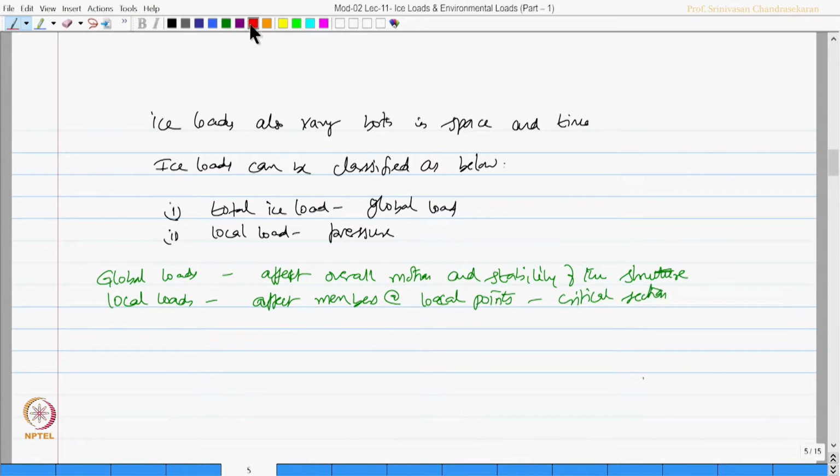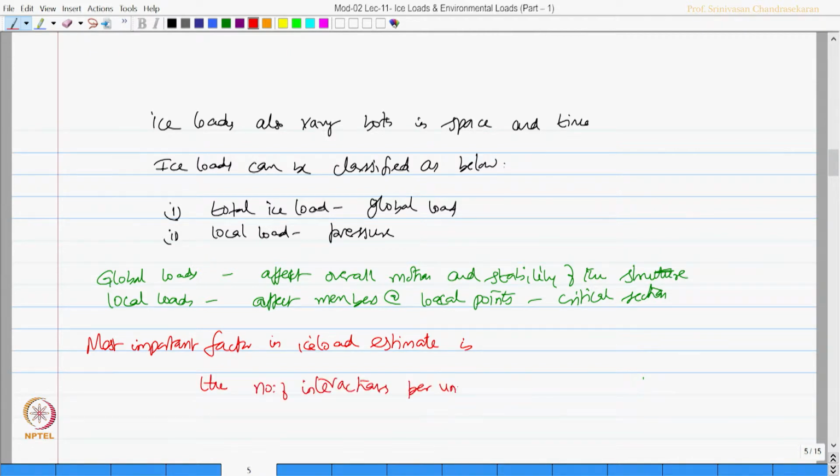So, the most important factor in ice load estimate is the number of interactions between the member and ice.